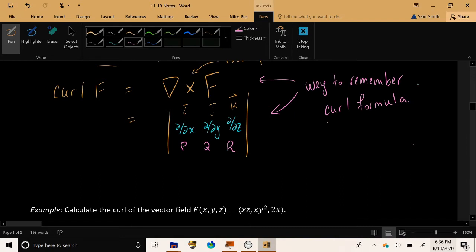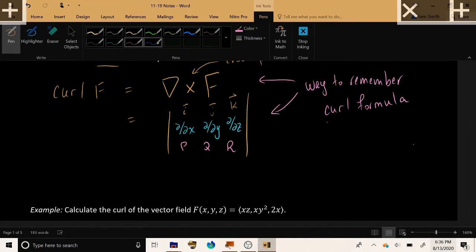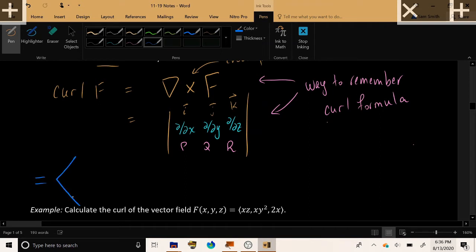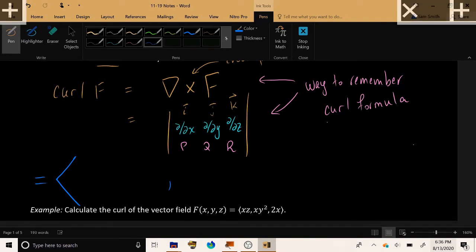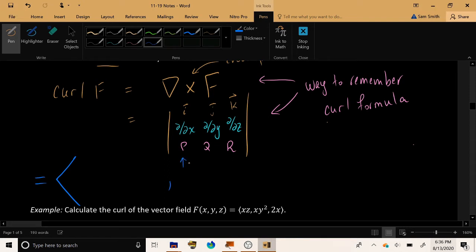But perhaps it's been a while since you calculated the cross product, and you've probably never calculated the cross product where there were operators like partial y involved. So let's just take a moment out to really expand upon what this notation is telling us to do. Okay, now when you took the cross product, we started with the x component corresponding to this vector i. And the vector i lives in the first row and the first column.